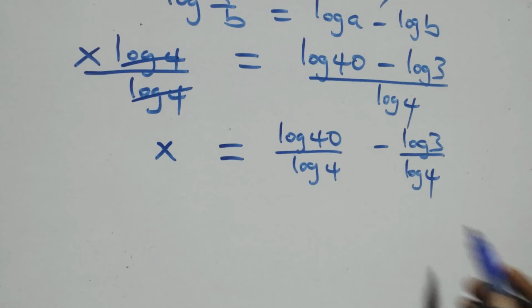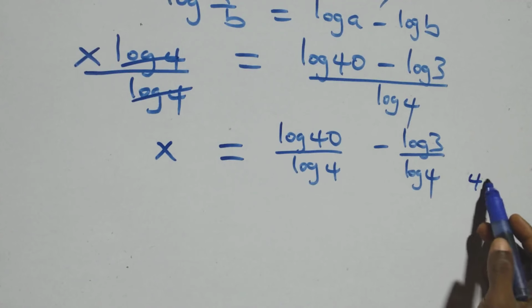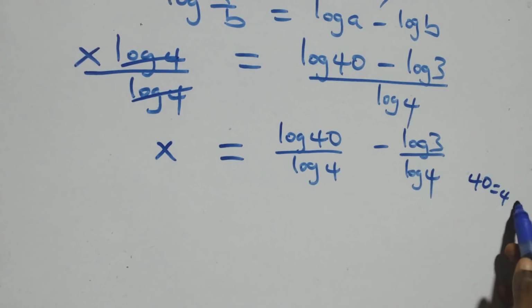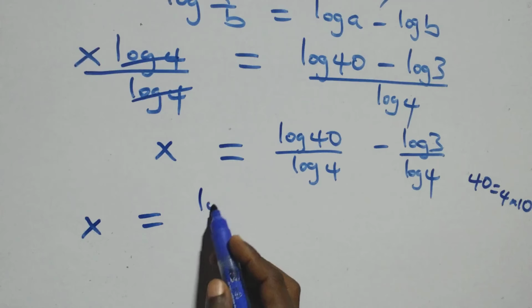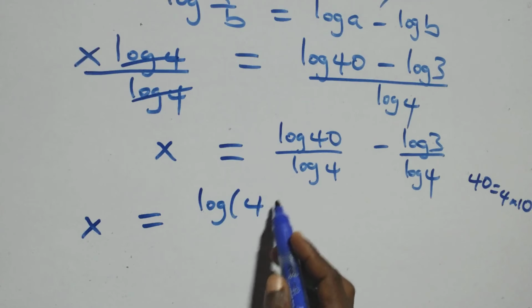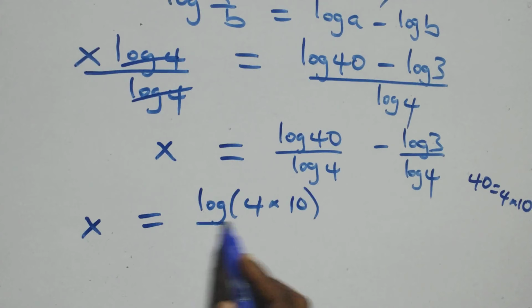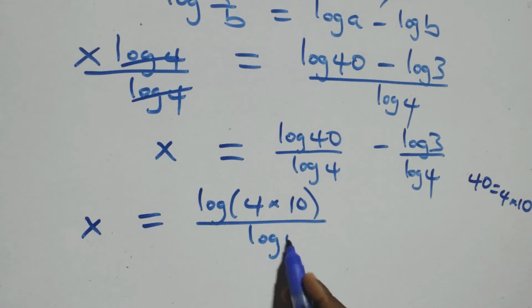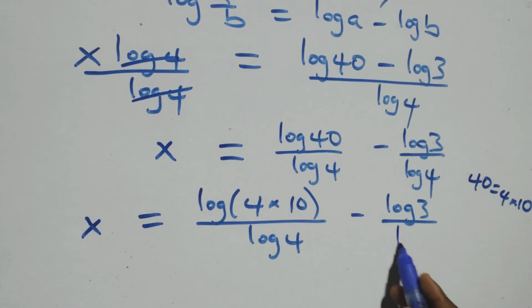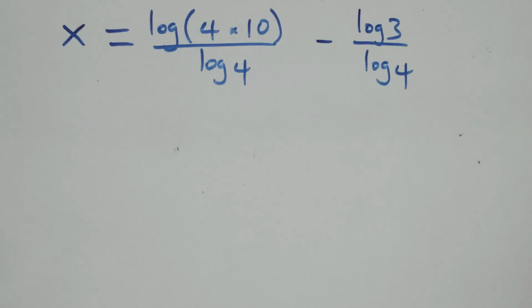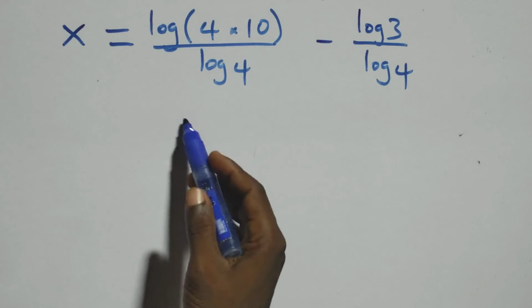Next step here, we can rewrite 40 as 4 times 10. Then what we have here becomes x equals log 4 times 10 over log 4 minus log 3 over log 4. Then next step here, this also follows the law of logarithm.